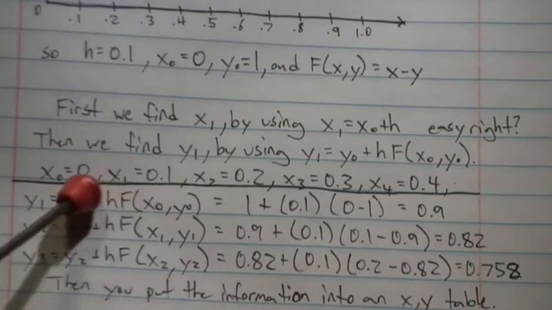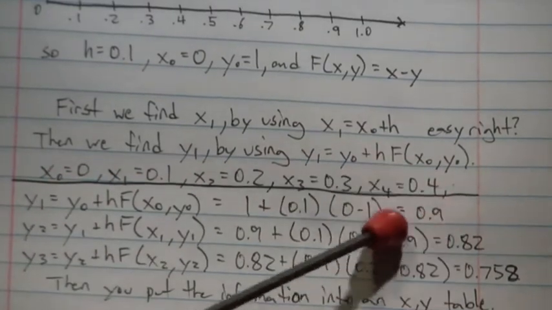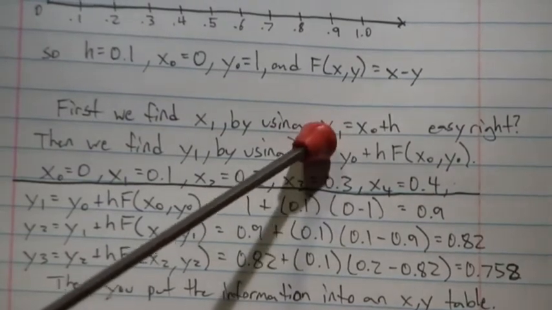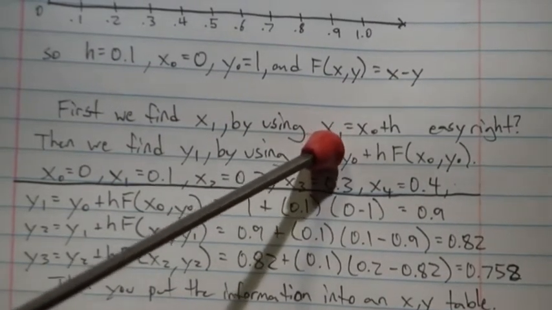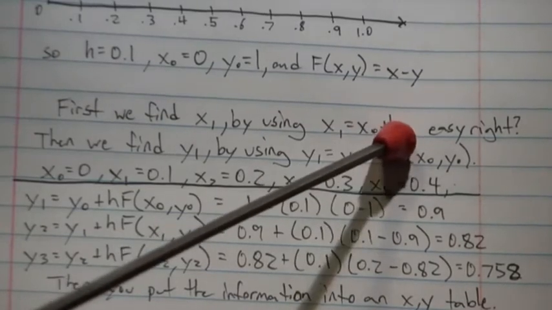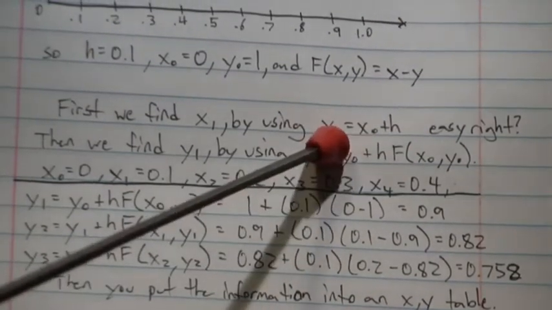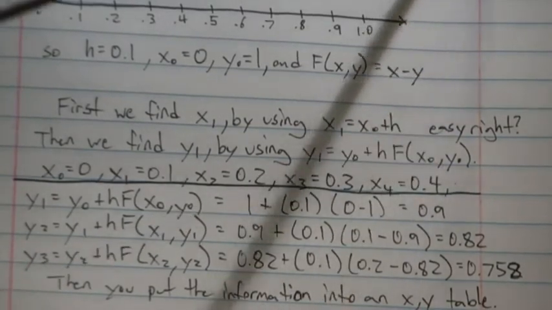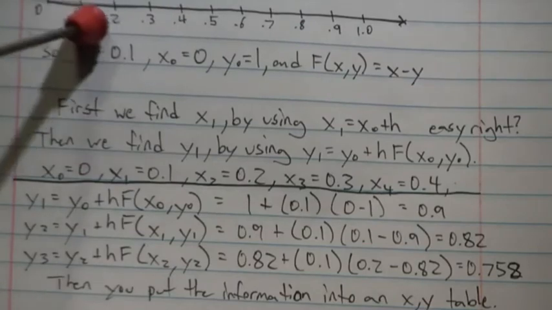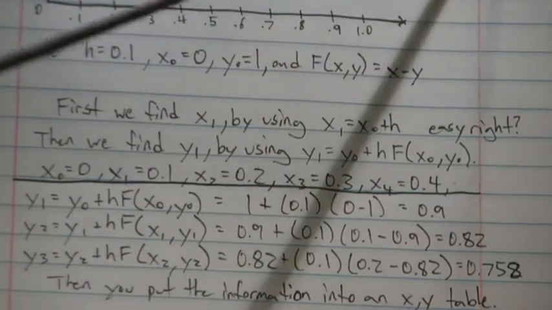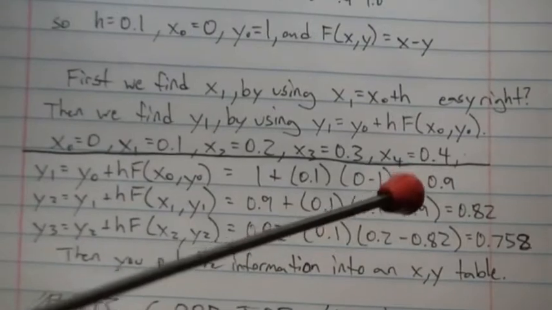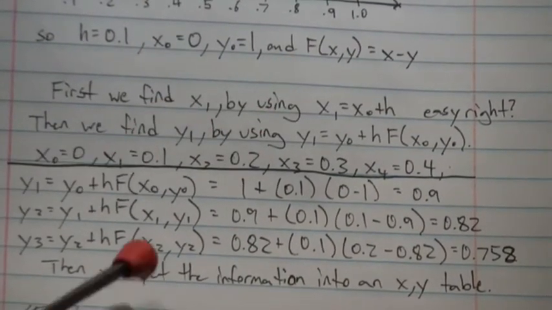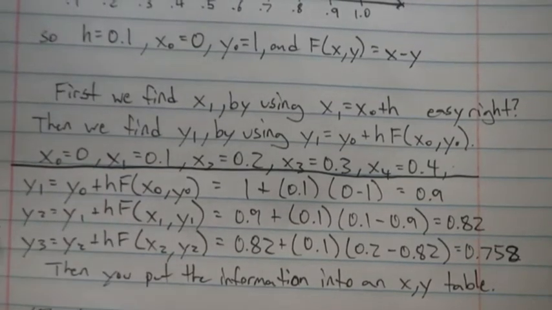So we found all of these x's using this equation, x1 equals the initial plus the step. If it's the second one, we put the x value prior to it plus h. So you're basically just adding h onto the previous x. That one's pretty easy.